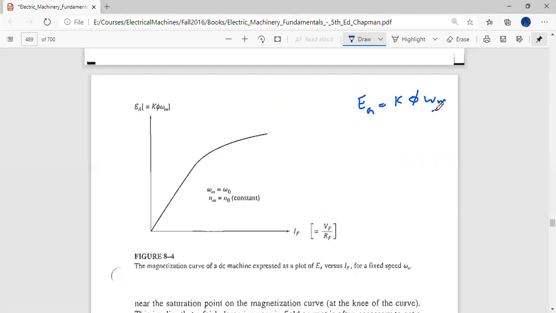So if we keep this one constant and just say that EA is proportional to phi, keeping omega constant, then with a proportional increase in phi, EA should also increase. We also see the same effect here in this linear part of the curve: as flux is increasing, because flux is a function of the field current IF supplied, as I increase IF, there's a proportional change in EA.